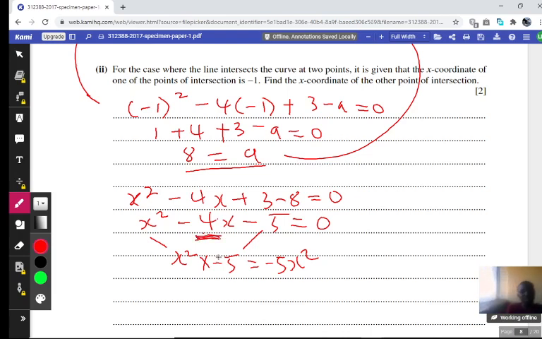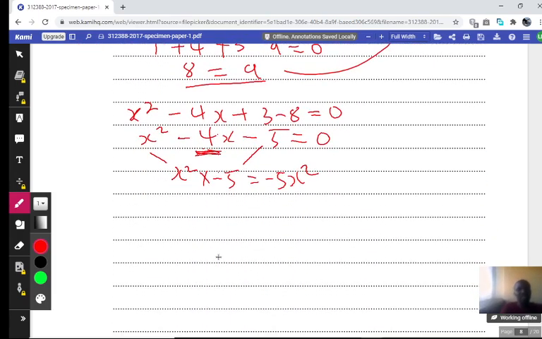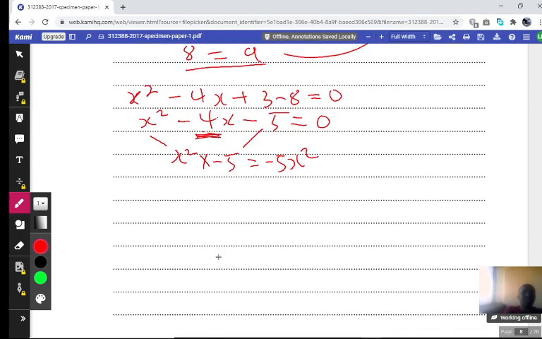Which are the numbers? By trial and error, the numbers are minus 5x and x. So you replace the middle value with the factors. So you say x squared minus 5x plus x minus 5 is equal to 0.